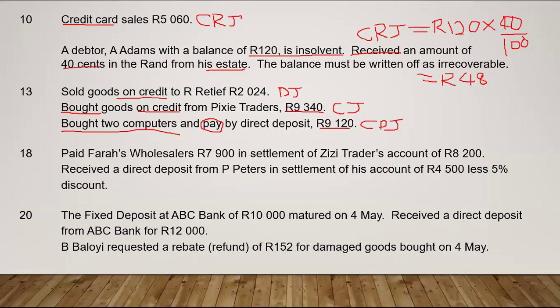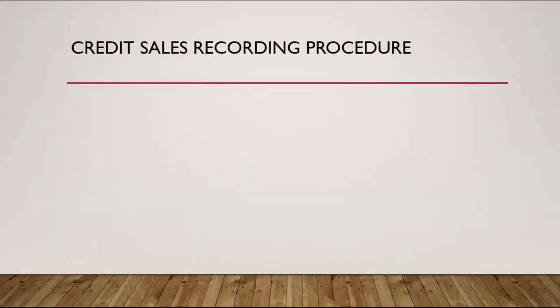We bought for cash. And we bought 2 computers, and both of them cost us 9,120. Read the question carefully because sometimes they will say they cost that much each.